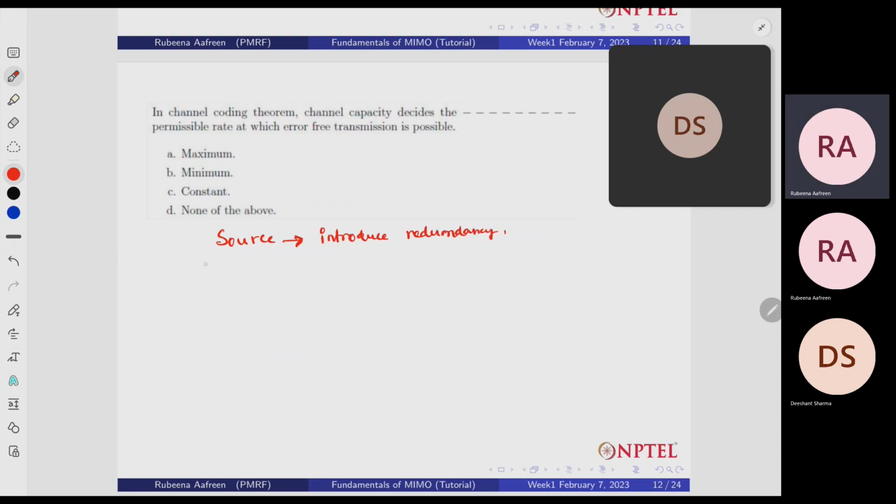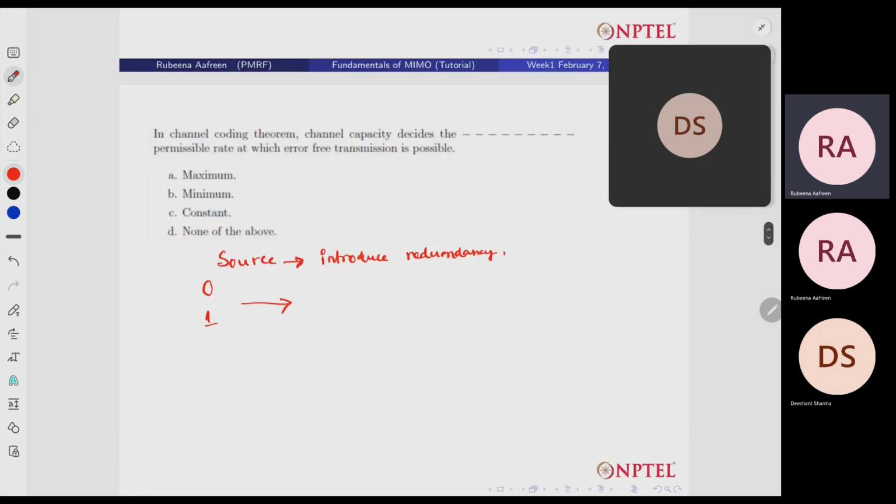Suppose we have two bits, 0 and 1. If they are transmitted like this, a little bit of noise and the bits can get flipped. If we transmit 0 1 and receive 1 1, this bit is in error, but it is very difficult to diagnose, because suppose the transmission is a stream like 0 1 1 0 1 1 0 0. If single bits are sent, it is very difficult to identify whether there is an error. So suppose we transmit 0 as 0 0 0 and 1 as 1 1 1.